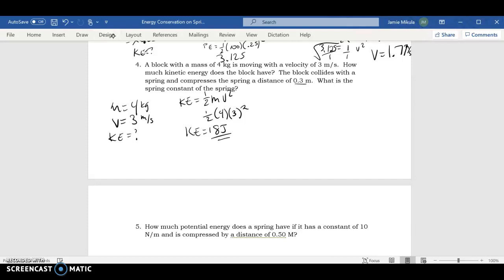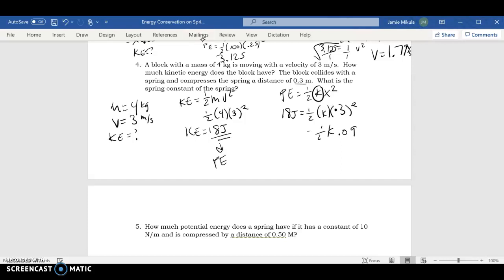So kinetic energy is going to also be equal to the potential energy of the spring. So I can say PE equals 1/2 kx squared. We're going to look for k. We have the PE from the kinetic, which is 18 joules equals 1/2 k times 0.3 squared. I'm going to do 0.3 squared first to get 0.09.